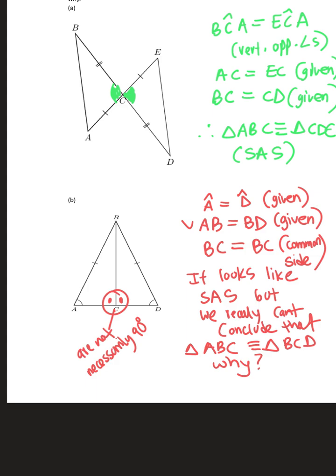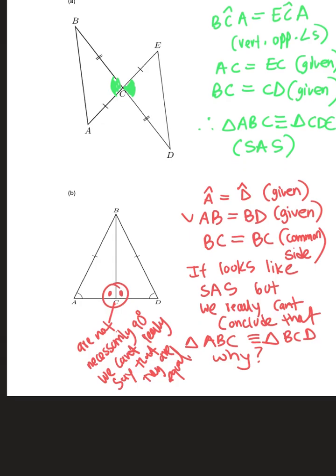So because the angles here are not, we can't really say that they are equal, right? So therefore it means that the two triangles are not congruent.